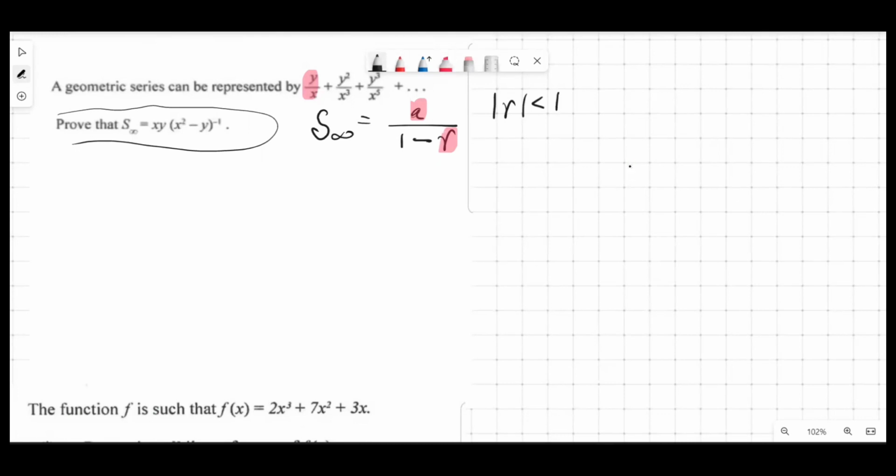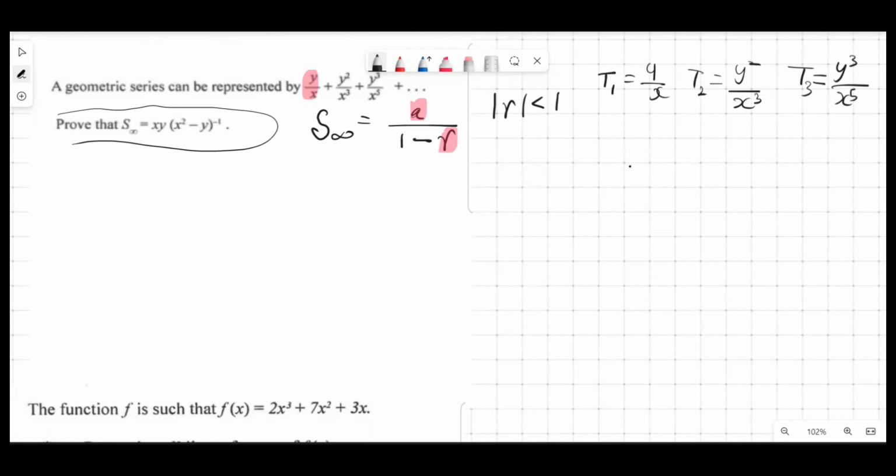So in order to find R, you could list out some stuff. The first term, as you can see, is y over x. Term 2 is y squared over x to the third, and you could write the next one. Term 3 is y to the third over x to the fifth. So what we're seeing here is that you can utilize any two of these.